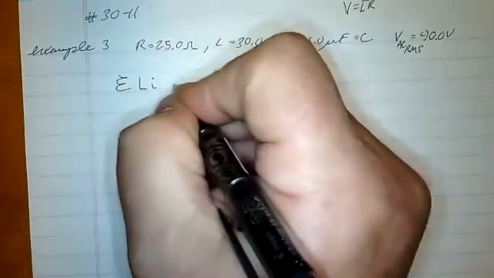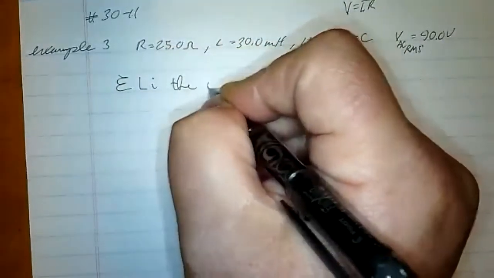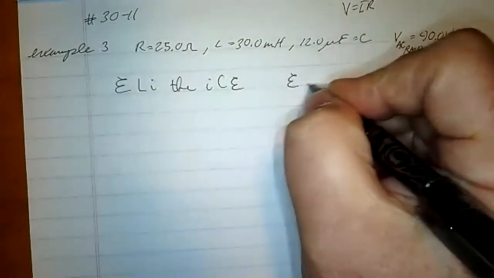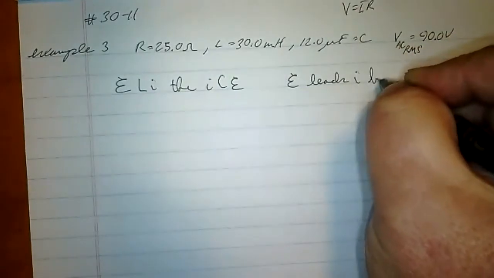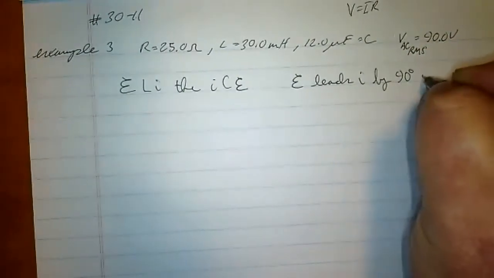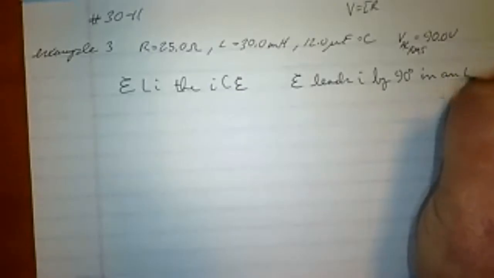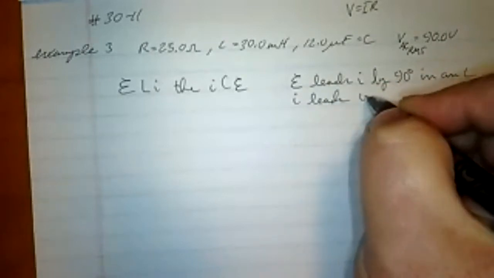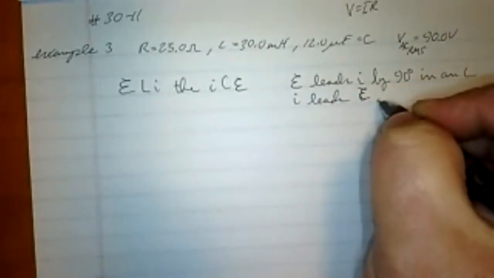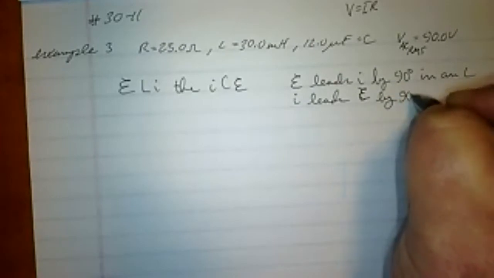But anyways, the main thing to understand here is we have ELI the ICE man at work. ELI the ICE man just means E leads I by 90 degrees in an inductor, and I leads E by 90 degrees in a capacitor. That's all that means. So how do we actually implement that?